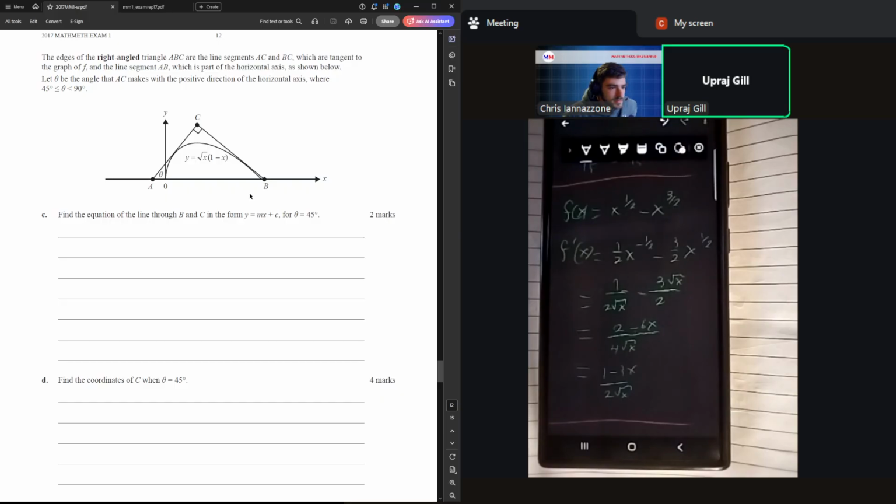Okay, so I think that using that we can find the gradient. Yes, we can. So tan pi on 4 is equal to 1, except that this is a negative gradient.